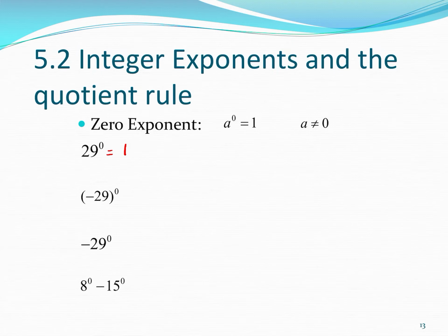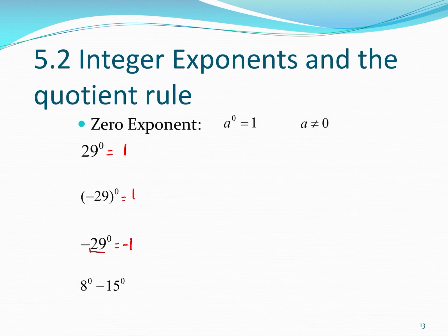So, let's look at the first example. If we take 29 to the 0 power, well, our rule says that anything to the 0 power has to be 1. Pretty easy. If you take negative 29 and raise it to the 0 power, you should get 1.